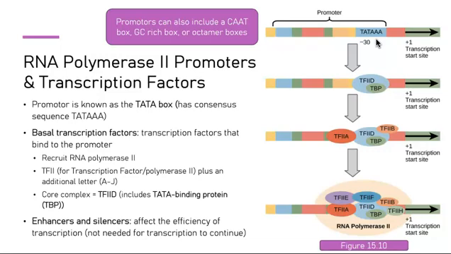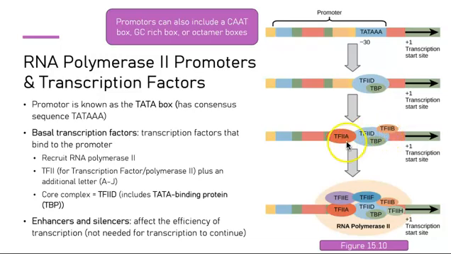Now we also need some help of some basal transcription factors, and these are going to bind to the promoter area as well, and it kind of waves a flag to say, hey, RNA polymerase II, come latch on over here. And we also have these other specific transcription factors.